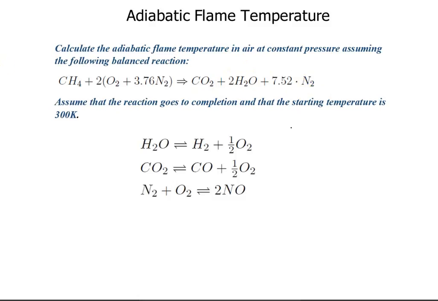For example, these reactions, water going to hydrogen and oxygen, and these other 2 reactions start to occur, and that increases the number of species on the right-hand side, and that actually does change the final temperature by many hundreds of degrees, because this just isn't the reaction that finally occurs. So I guess the point is that any calculated answer is only as good as the chemical reaction that you've written down.